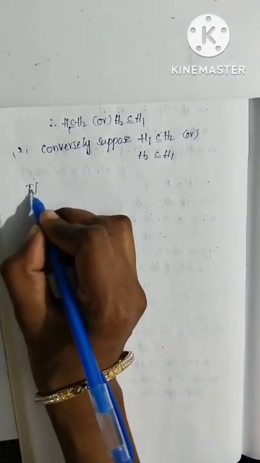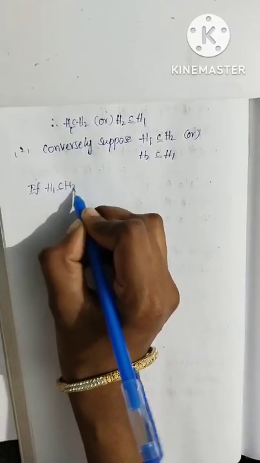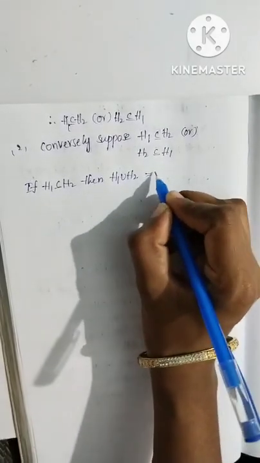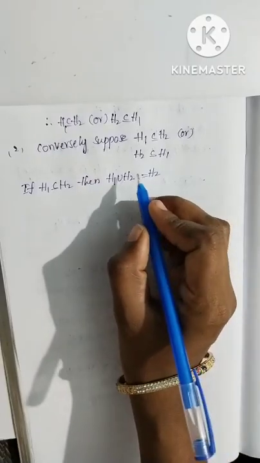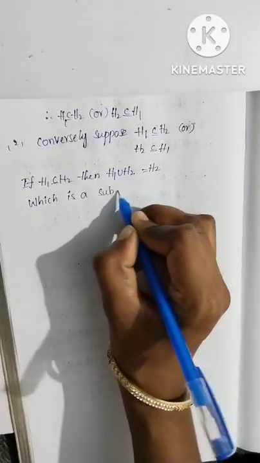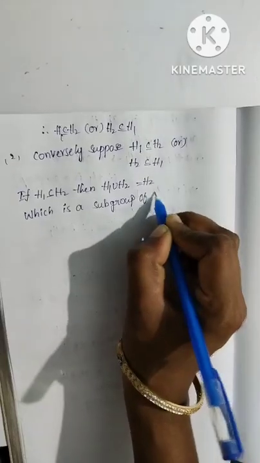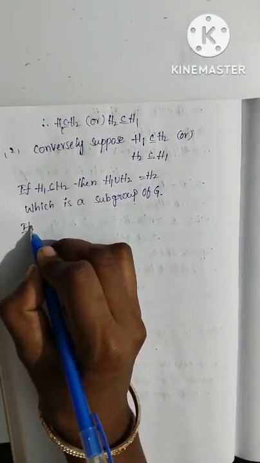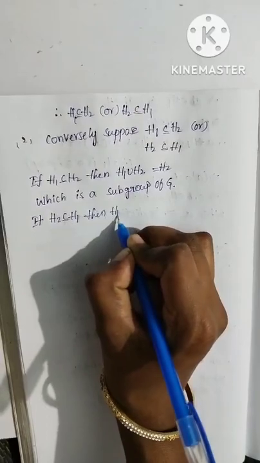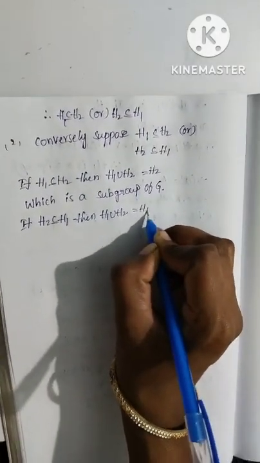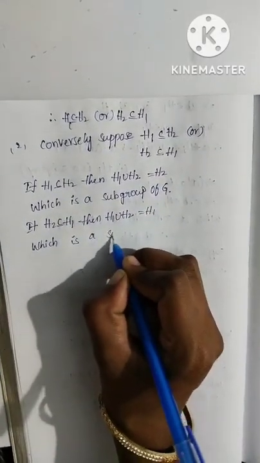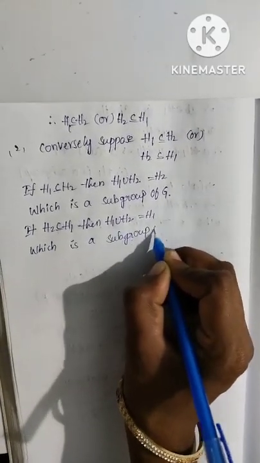If H1 is a subset of H2, then H1 union H2 equals H2, which is a subgroup of G. If H2 is a subset of H1, then H1 union H2 equals H1, which is a subgroup of G.